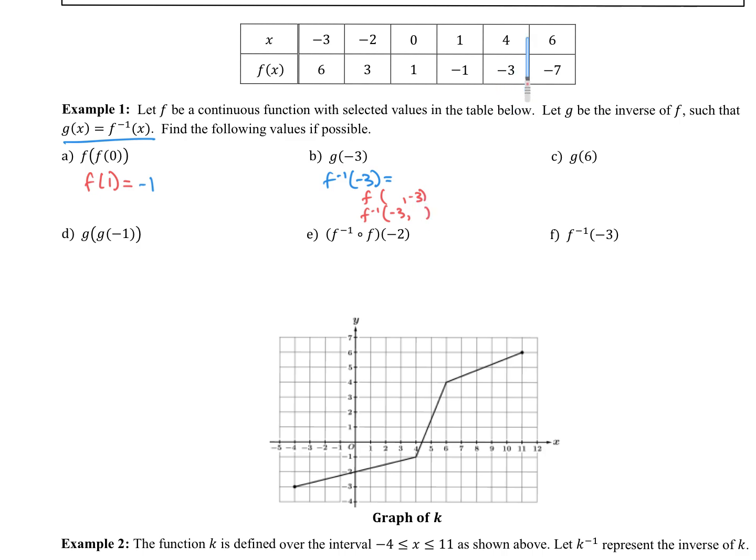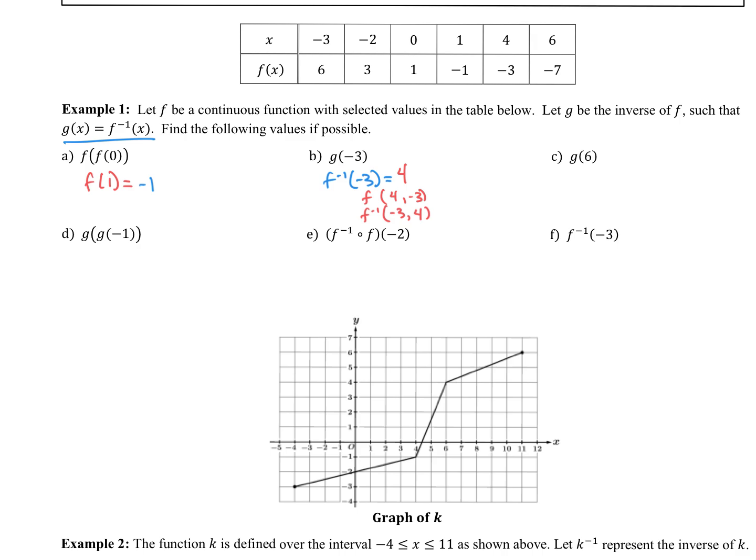When is the y negative 3? 4. And so then I'd find f of 4 is equal to negative 3. So f inverse of negative 3 is 4. All right, and so I call that the ordered pair method. You don't have to use it, but that's a good organization tool if, when we go over these, sometimes we think about it that way.